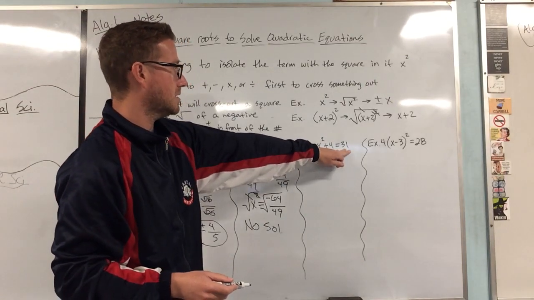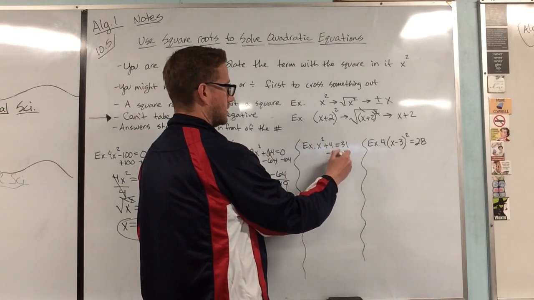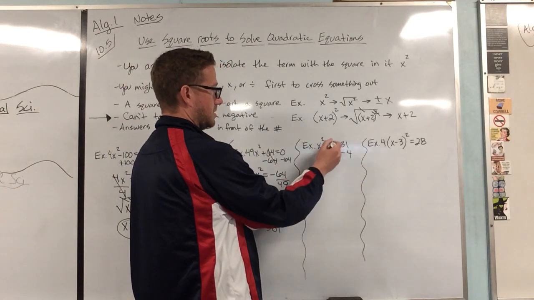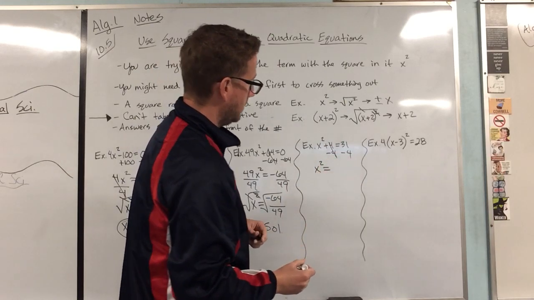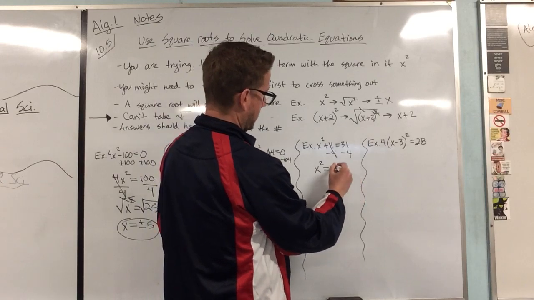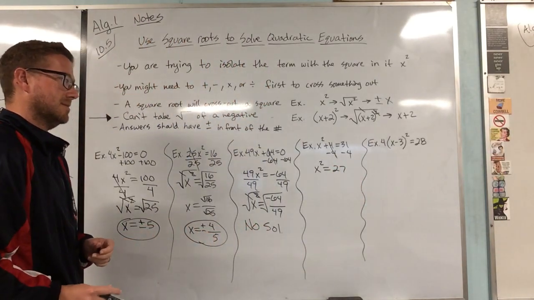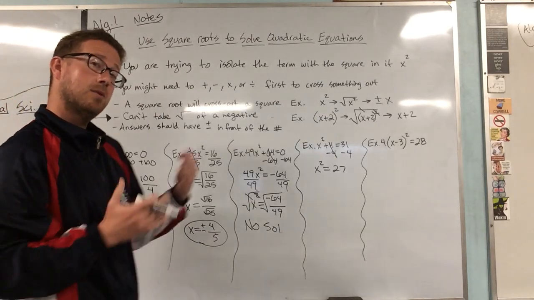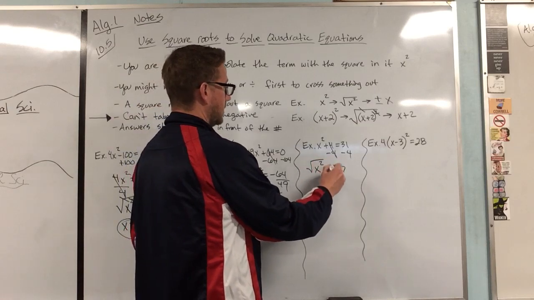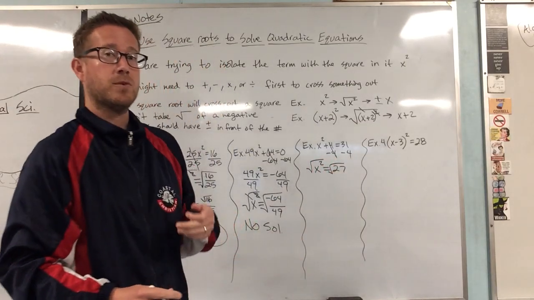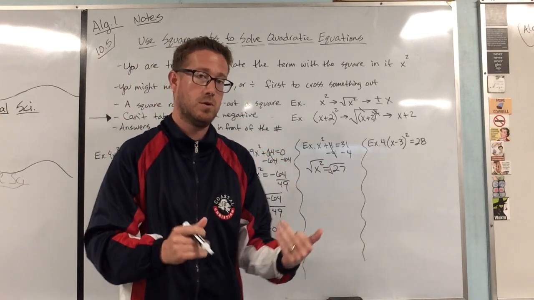No longer do we have a 0 over there, so we're going to still need to isolate it, subtract 4, that's our first step, cross those out. X squared equals 31 minus 4, let's see what we get here, 27. Okay, now 27 does not work out nicely in terms of a square root, but you guys need to remember we've learned how to reduce radicals or reduce square roots.